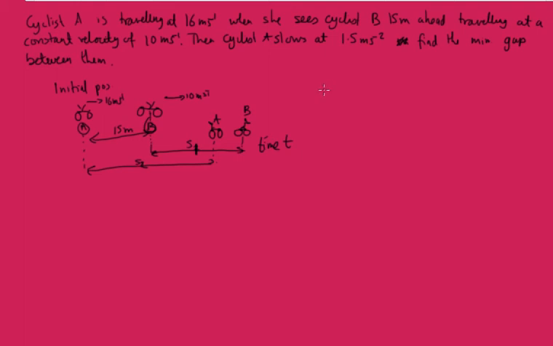So we're going to have the gap g. The gap at time t is going to be the gap at time 0 plus these two distances, S1 minus S2.